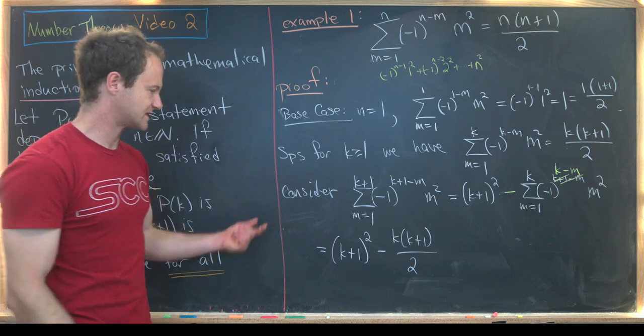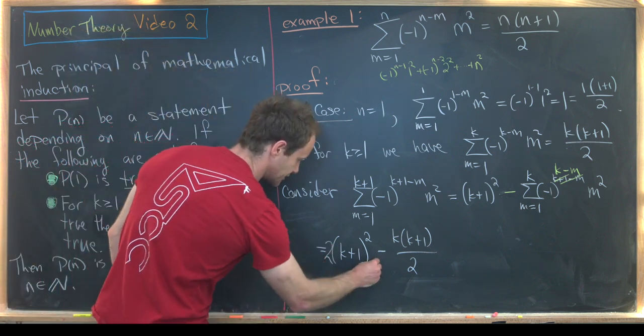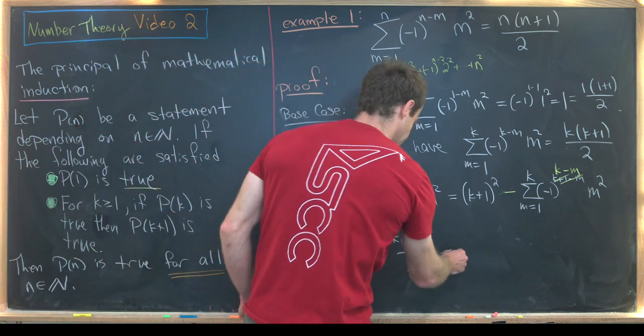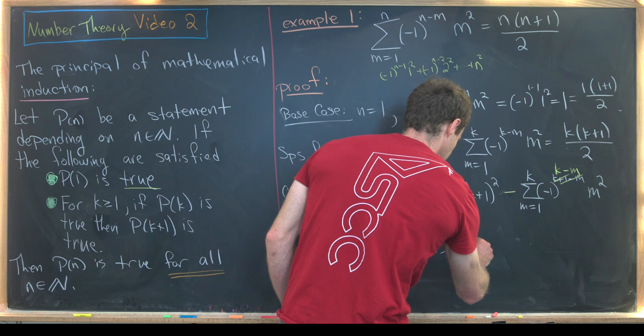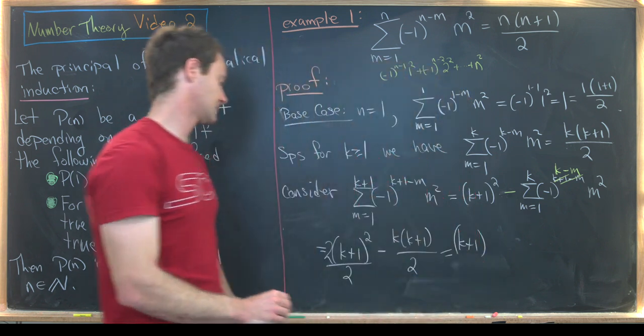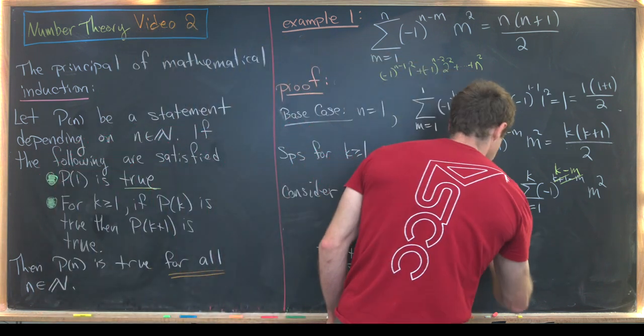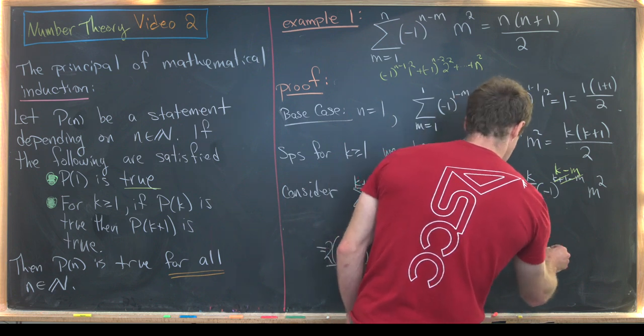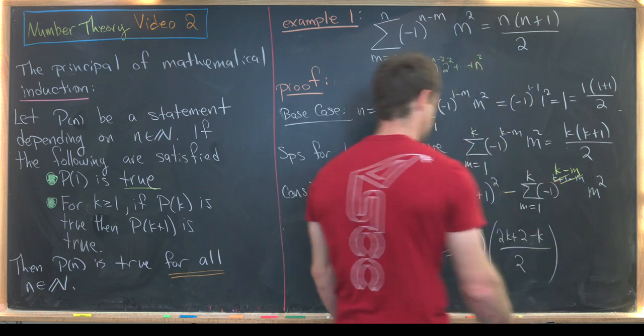Okay, now let's give these a common denominator. Notice we can take a 2 over 2 here, and then we can factor a k plus 1 out of this whole thing. After factoring, that's going to leave us with 2k plus 2 minus k, all over 2.